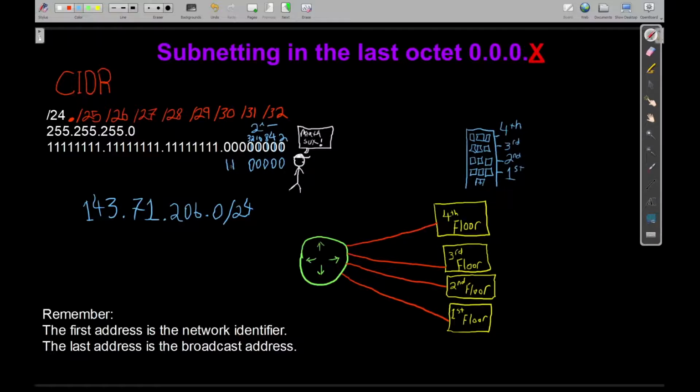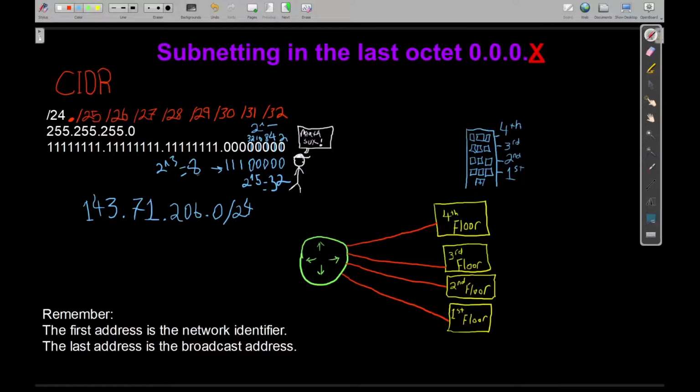Now we only need 4 networks, but this is going to give us 8 networks. And you can figure that out the same way. 2 to the power of 3 is 8. And 2 to the power of 5 is 32.